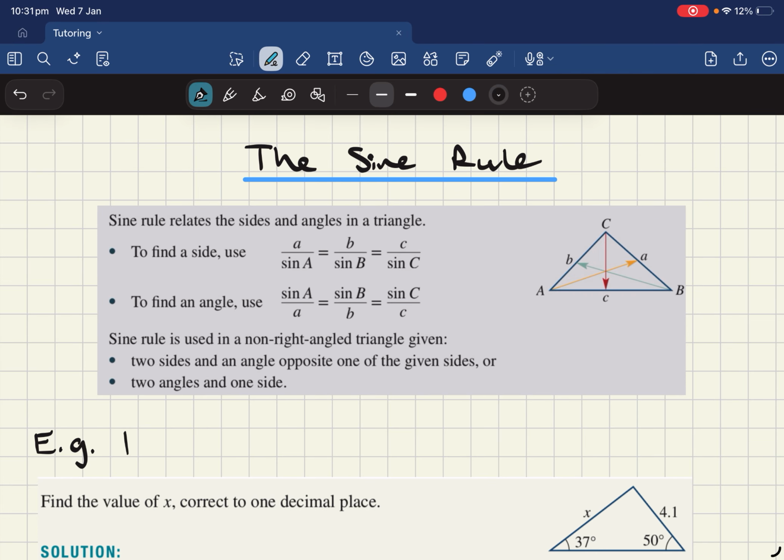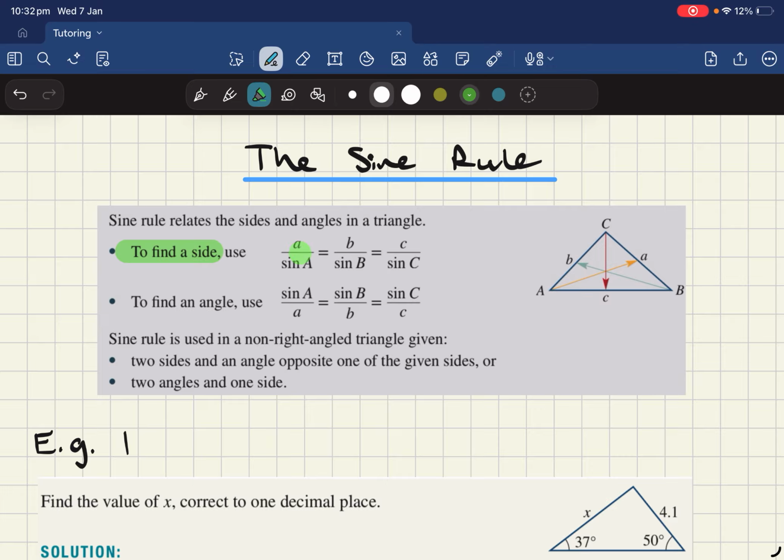Now, with all of our non-right angle triangles, we can assign these side names to them. So we have, for example, side A, and then angle A is going to be the angle opposite that side. Side B is going to be opposite angle B. Now, sine rule, we can write it in two different ways. And we use this first way to find the length of a side.